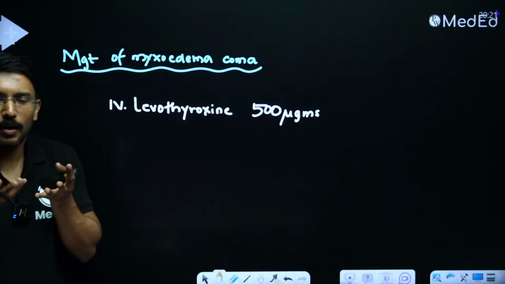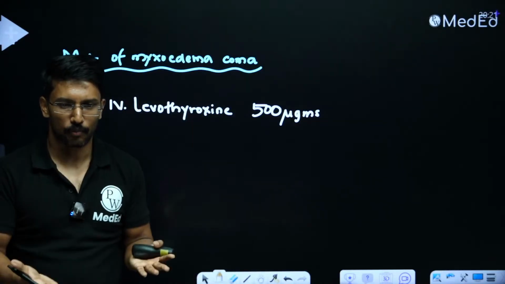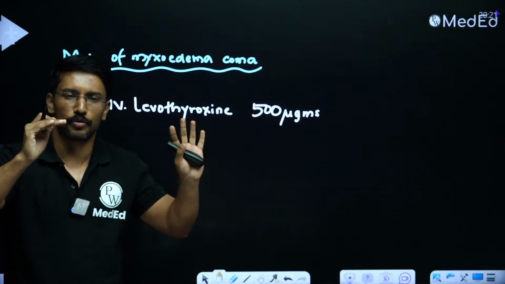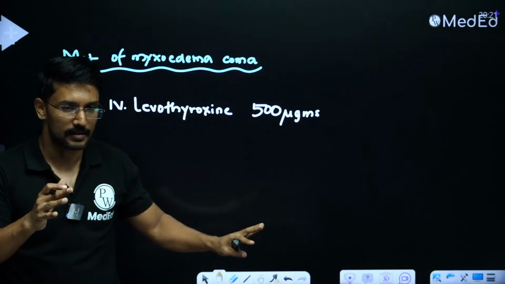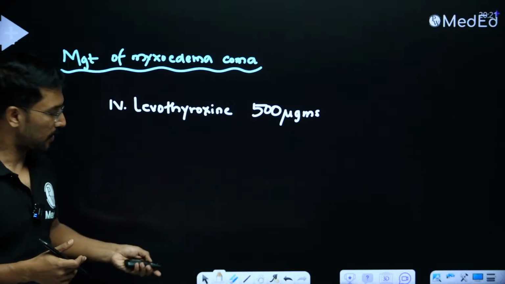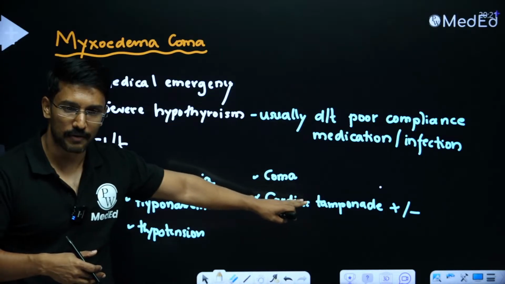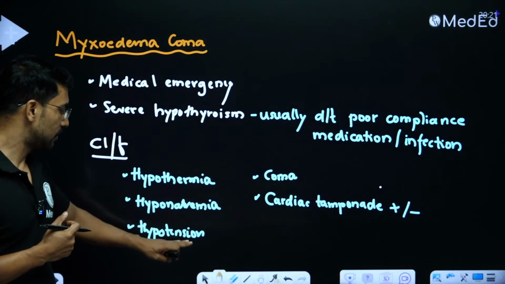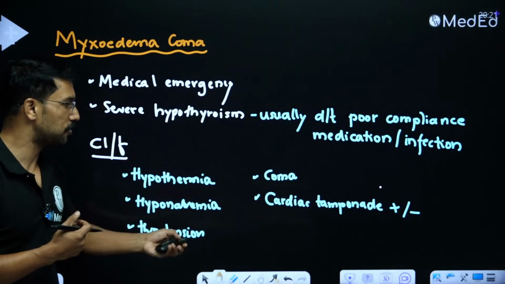So this will give the necessary thyroid hormone, metabolic rate will increase, body temperature will start rising, and we can deal with hypothermia to some extent, right? Increased metabolic rate can help your neurons get activated, so brain function we can recover, right? And then sympathetic activity will increase, so hypotension we can recover.